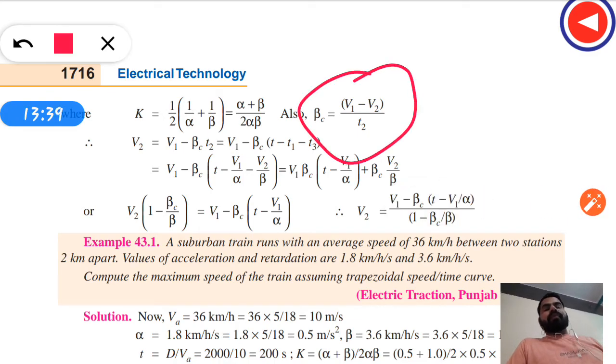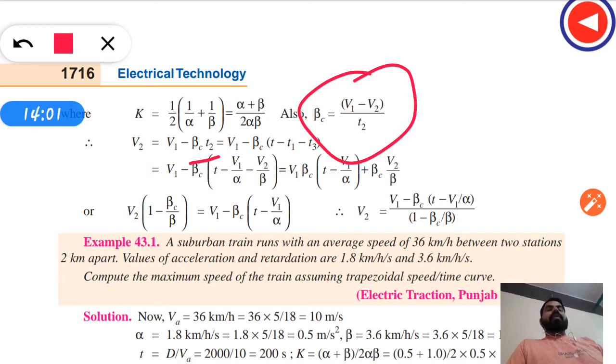So from here we can say that V2 will be V1 minus beta C T2, and the value of T2 will be T minus T1 minus T3, okay.